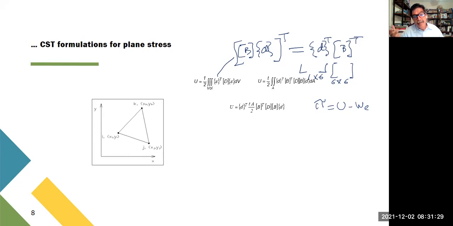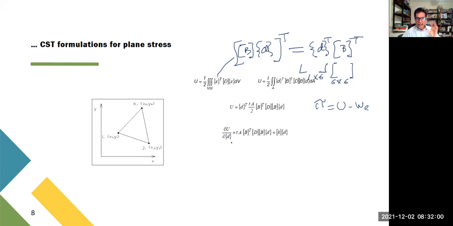So what we can do is simply differentiate with respect to those unknowns and try to find them such that pi is a minimum. And that's what we do. We differentiate this with respect to D. What we really do is differentiate with respect to U_i, with respect to V_i, etc., and then we will get 6 equations. But in a more compact way, we can write it like this, okay?